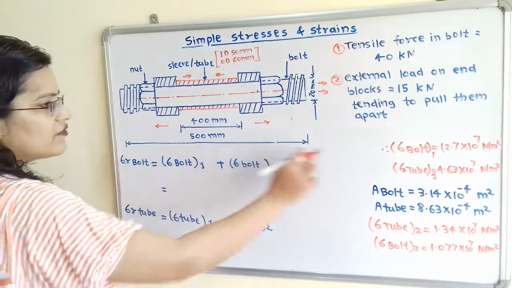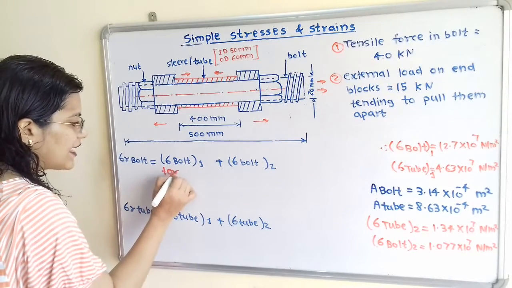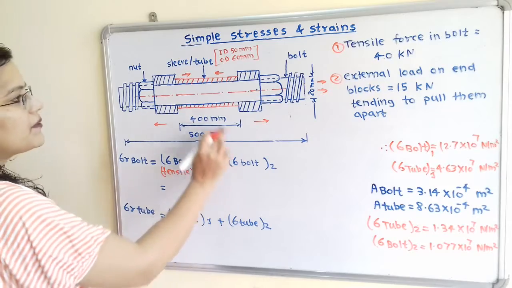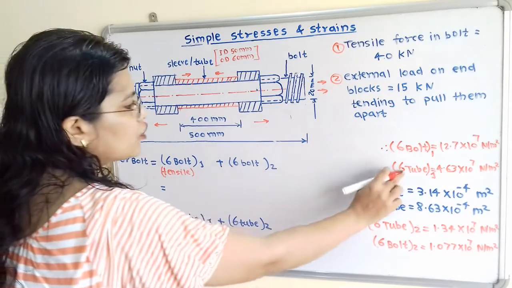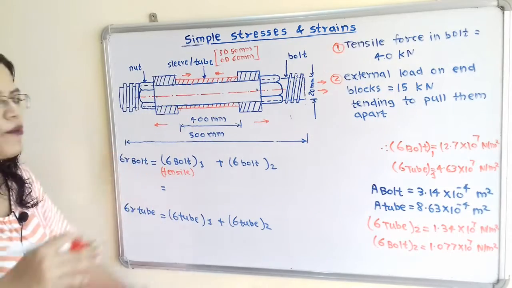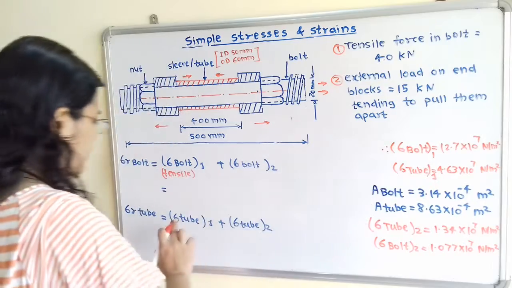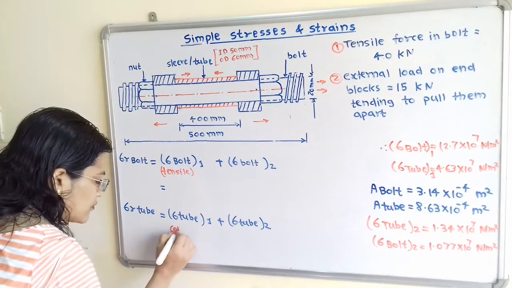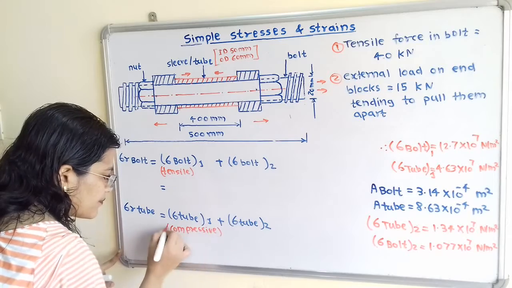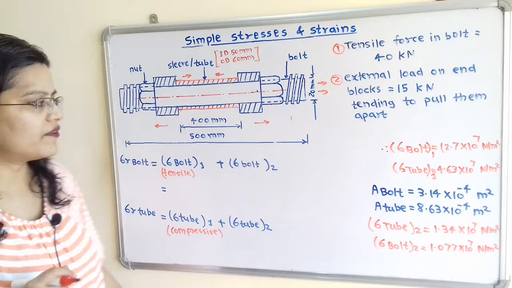So I will write here for the first type, stress developed is tensile due to tensile force, and stress developed in the tube is compressive due to compressive force. So sigma tube 1 is compressive. This is because of the first type of the load.